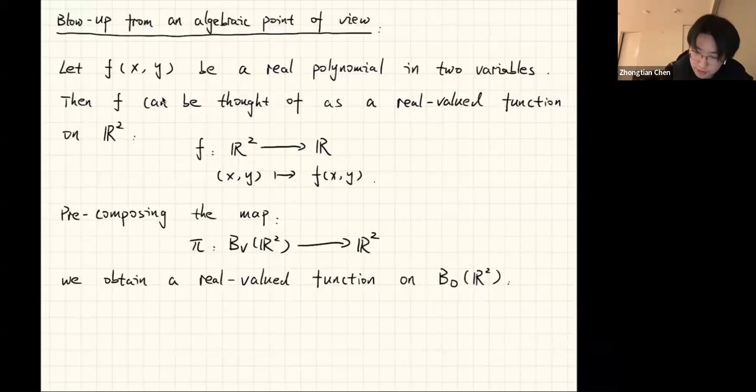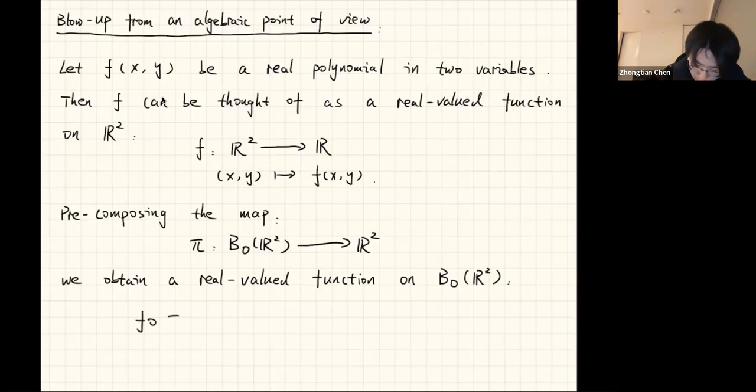And now we're just pre-composing this map to F, then we will obtain a real value function on the space. Since we already assume the center is origin, I'll just use O stands for origin here.